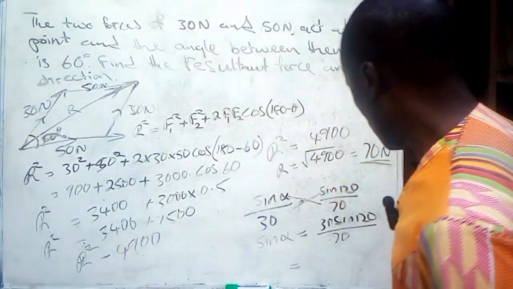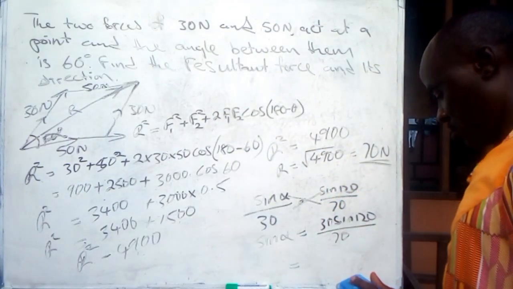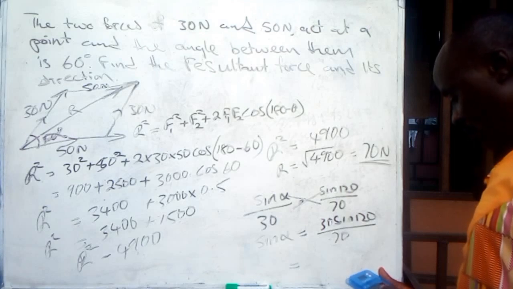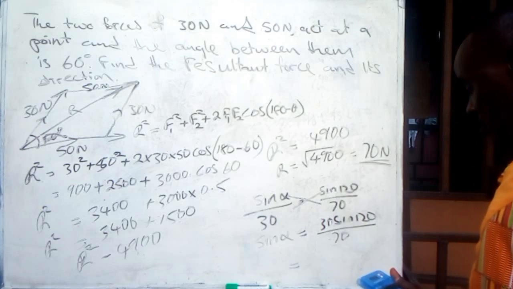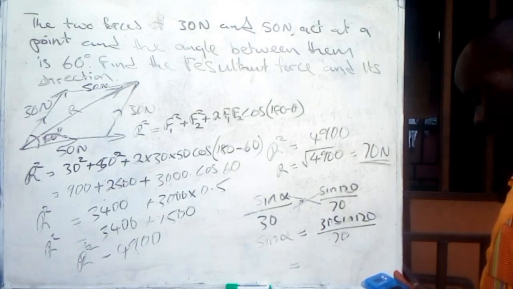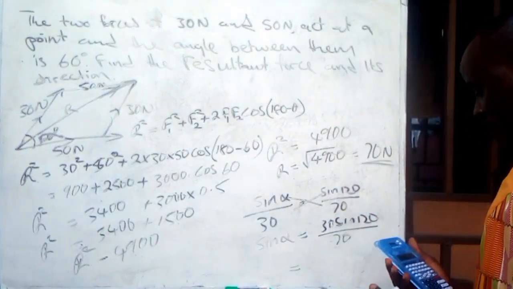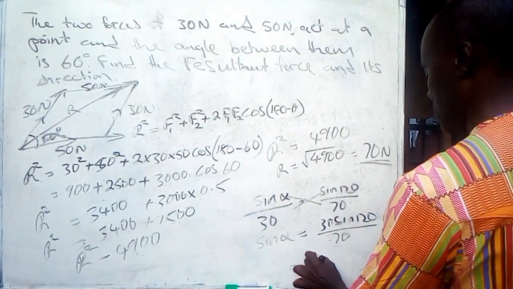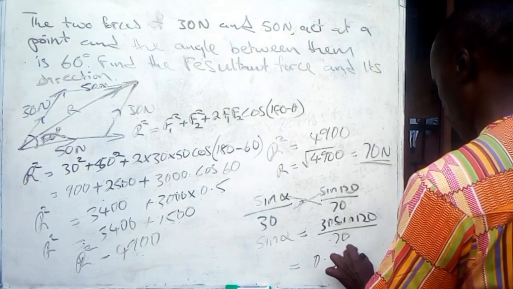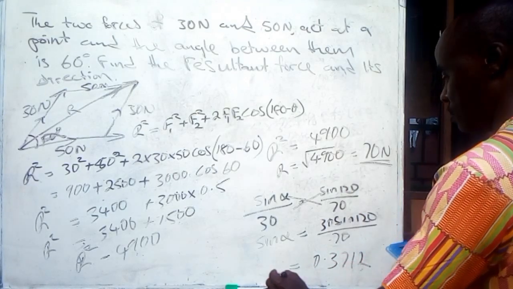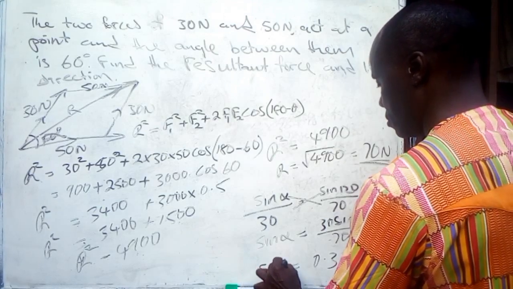What we should have will be sine 120 times 30 divided by 70. The value we have will be 0.3712 for sine alpha.